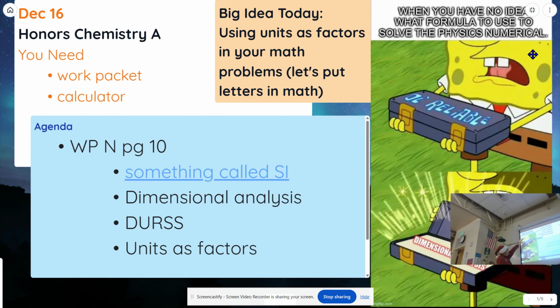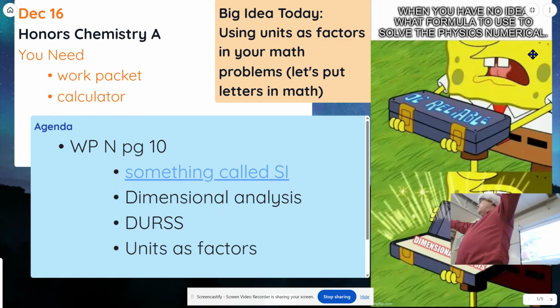When you have no idea what formula to use, if you know the units of your answer, you can always figure out the answer by making the units conform to the units of that answer. And that will tell you how to do whatever kind of physics math problem you might encounter.